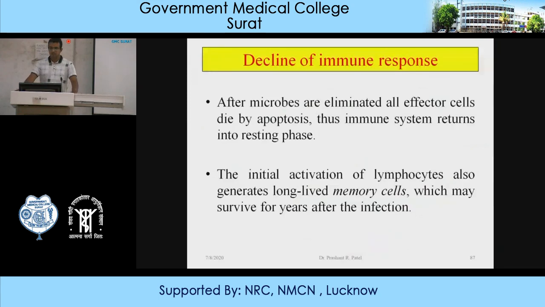Then after elimination of the pathogens, there is a decline of the immune response. After microbes are eliminated, all effector cells die by apoptosis. Thus, the immune system returns to the normal resting phase. The initial activation of the lymphocytes also generates long-lived memory cells, which may survive for years after the infection is over.